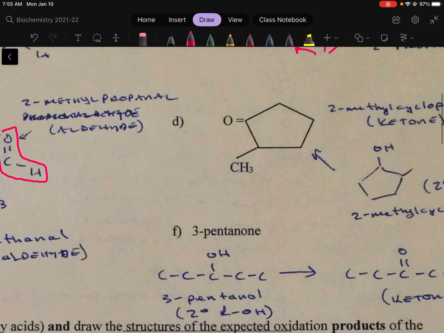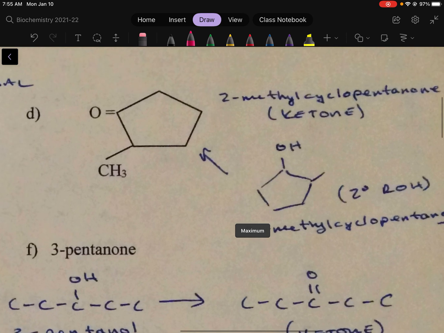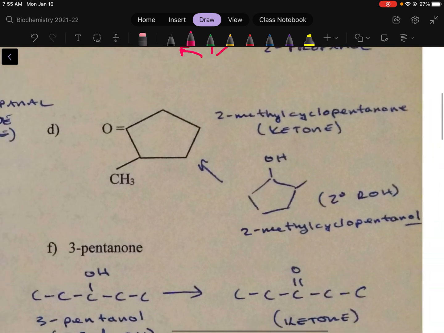Variation on that same theme, again going back to that pattern of reactivity. We have a ketone here, 2-methylcyclopentanone. Ketones get oxidized from secondary alcohols. What secondary alcohol? It's going to be the exact same structure, but with a hydroxy instead of a ketone. That's another way to look at it.